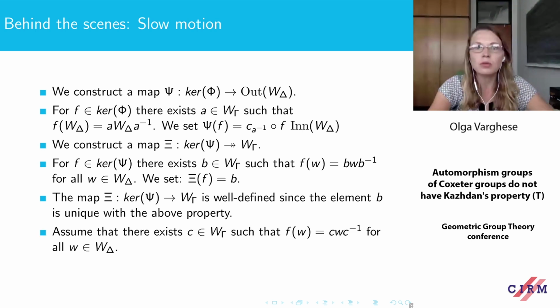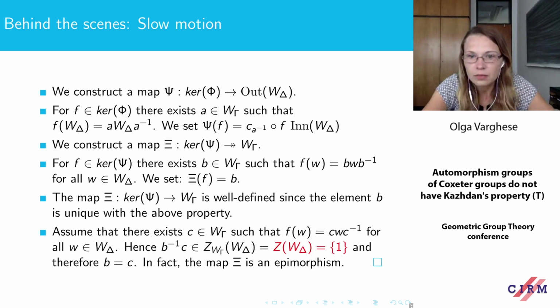Okay, so assume that there exists a C in W gamma such that the image of W under F is a conjugation by C. But then B inverse C is in the centralizer of W delta in W gamma.